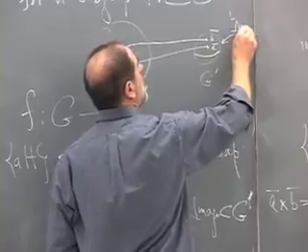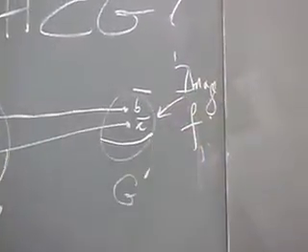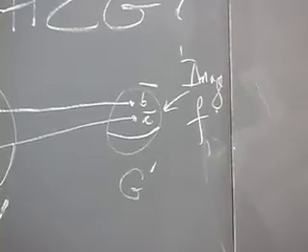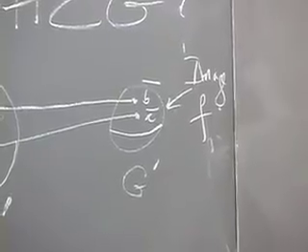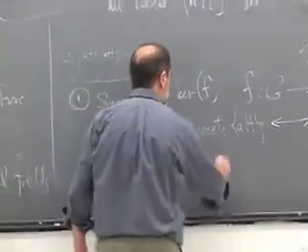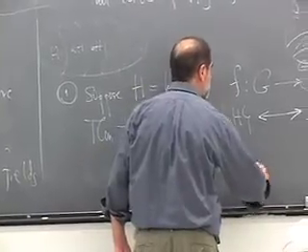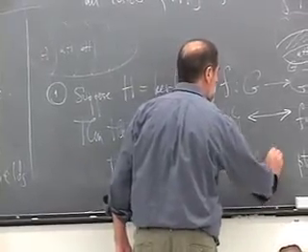Correct? Each coset corresponds bijectively to a point in the image of F. And the image of a homomorphism is what? Among other things, it's a subgroup. It's stable under multiplication in G prime.